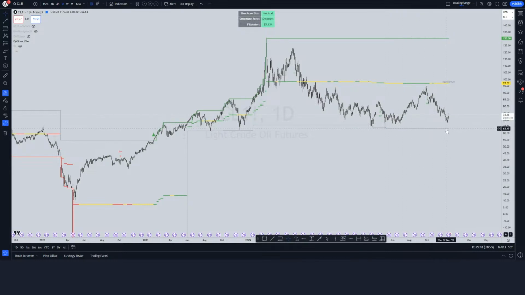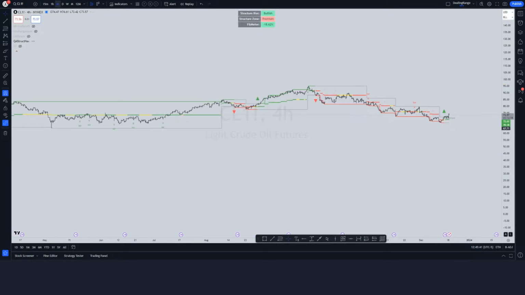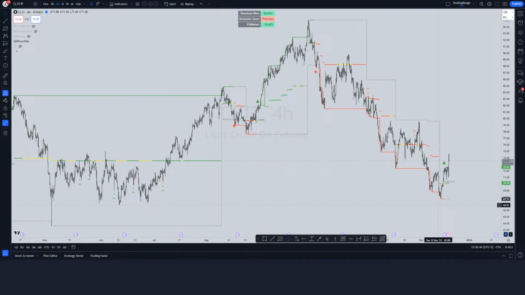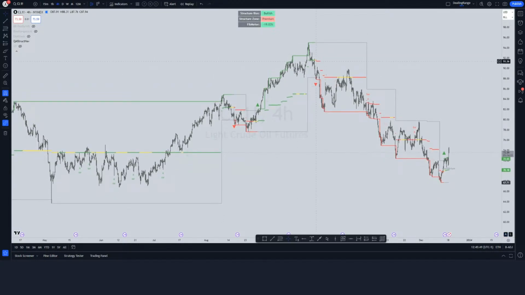If the bottom of this dealing range is breached, then the structure would turn bearish, meaning you would start seeing a red line being printed, and then this green line here would turn into a gray line. Going down to a 4-hour, you can see what the shorter term structure is. On a 4-hour, we've been in a bearish structure since, let's see here.